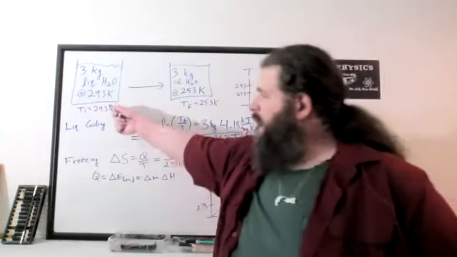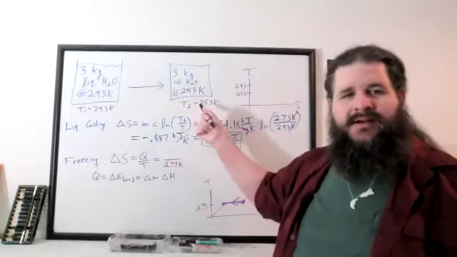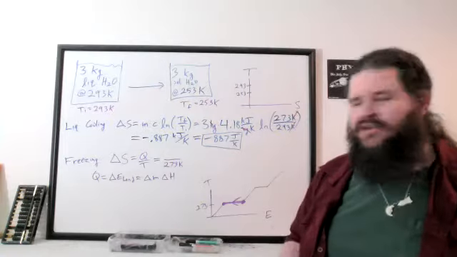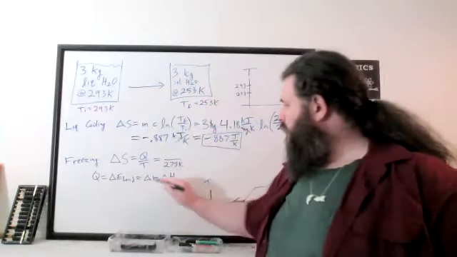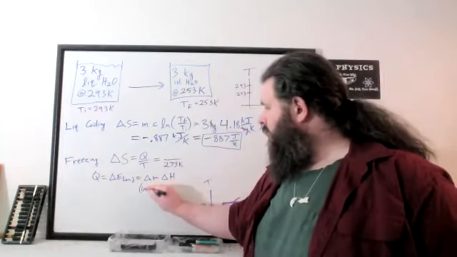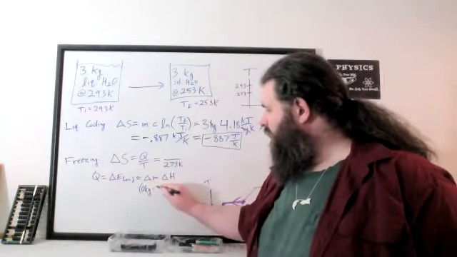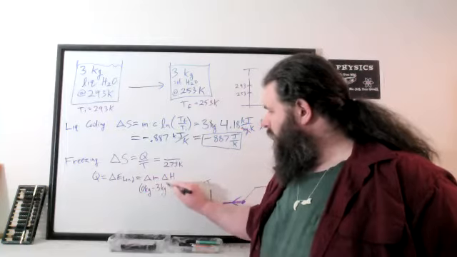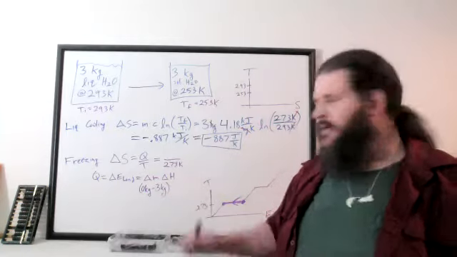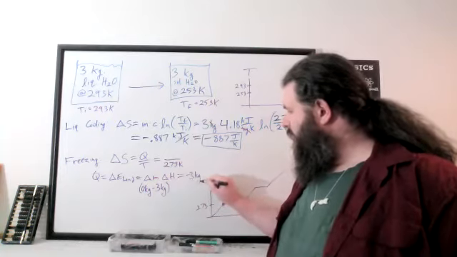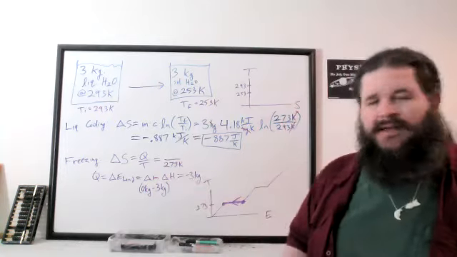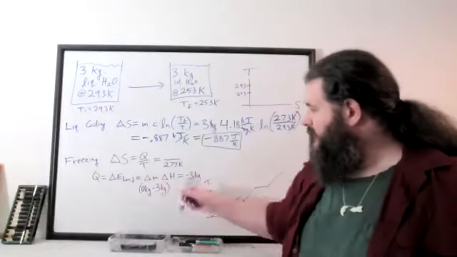We start with 3 kilograms of liquid. We end with how much liquid? Yeah, we're changing from 3 kilograms of liquid to 0 kilograms of liquid. So delta M is going to be final 0 kilograms minus initial 3 kilograms for a delta of -3. So delta M is going to be -3 kilograms. That's where that negative comes from mathematically, because we're subtracting final minus initial.